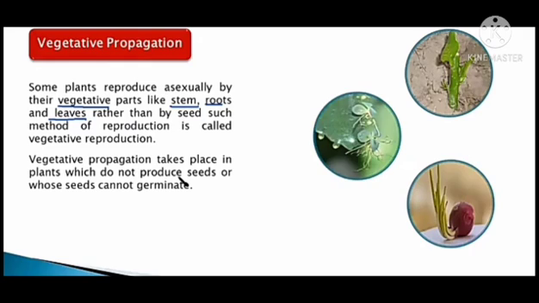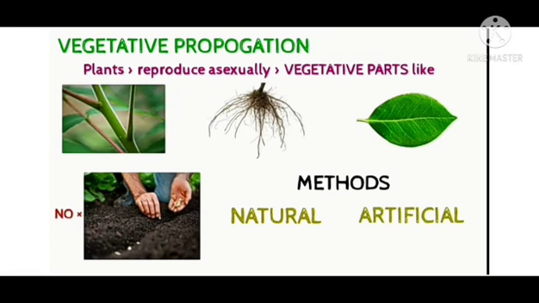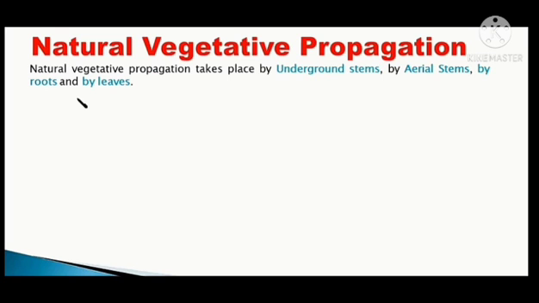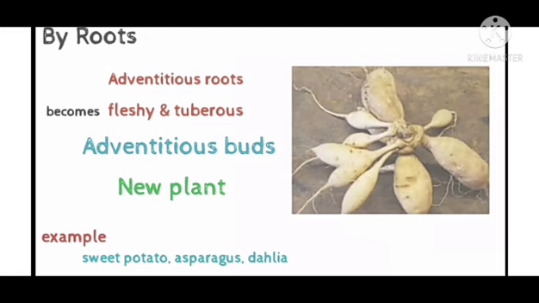Vegetative propagation takes place in plants which do not produce seeds or whose seeds cannot germinate. There are two main methods of vegetative propagation. First is natural vegetative propagation and second is artificial methods of vegetative propagation. Natural vegetative propagation takes place by underground stems, by aerial stems, by roots and by leaves.